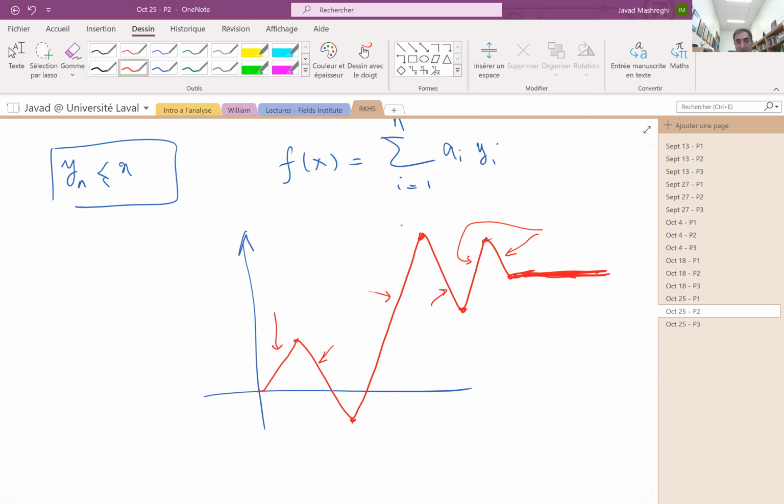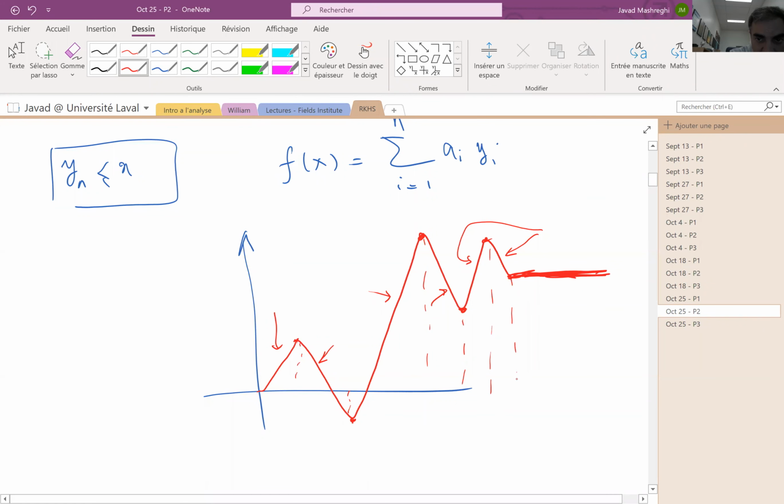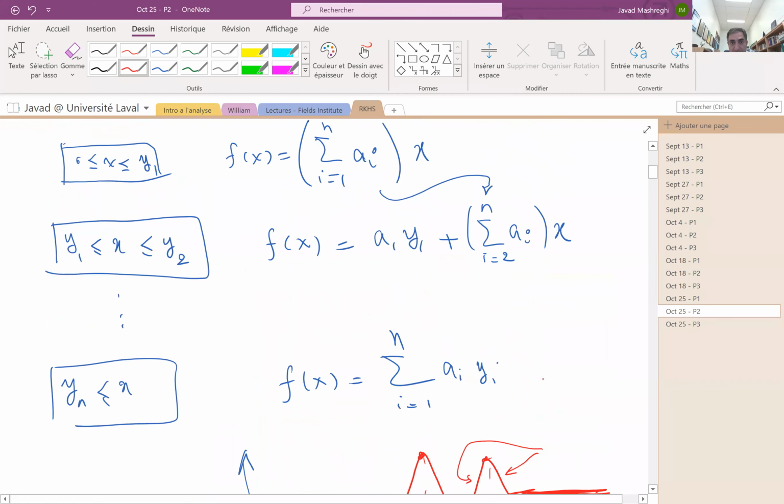Start with any diagram like this, and you immediately see what your y_1, y_2, up to y_n are. So this is y_1, this is the last one, y_n. The diagram tells you what the points are, and the slopes are also given, because here, the last slope, I didn't write here, is when we are between y_n minus 1 and y_n.